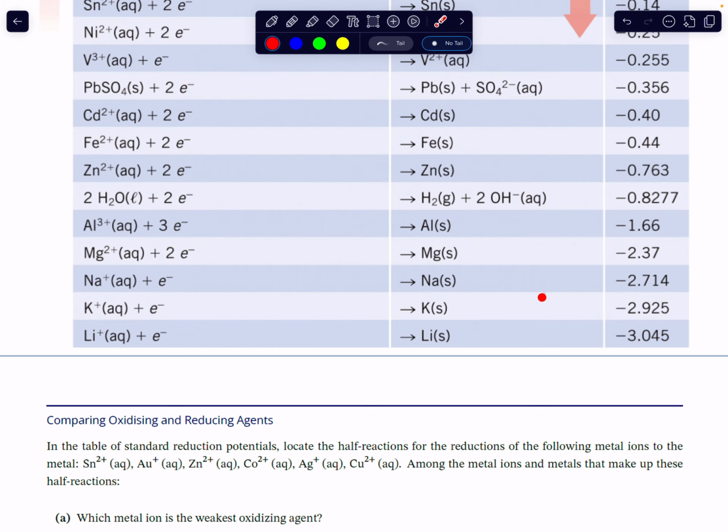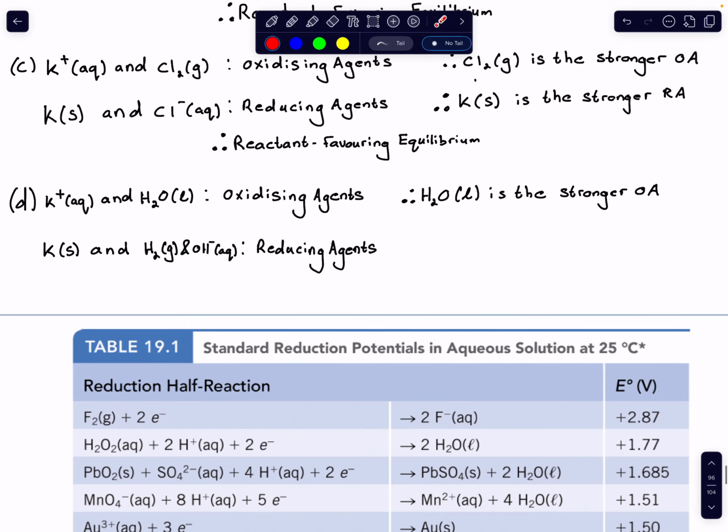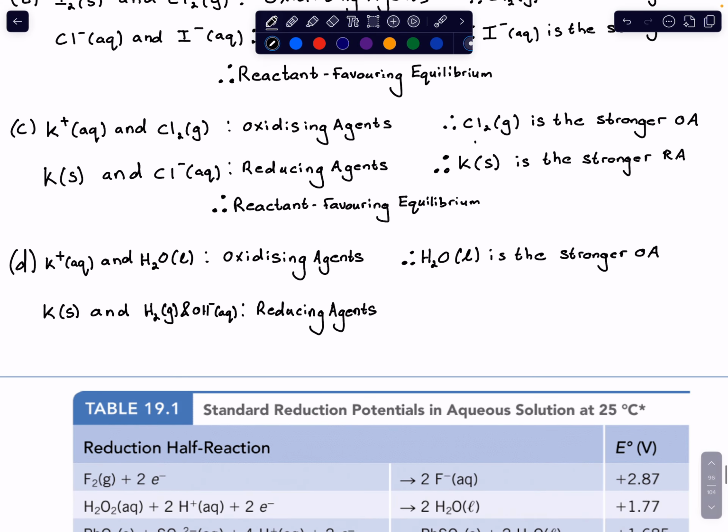So potassium solid is below this, making it the stronger reducing agent, right? Because it wants to be oxidized. So therefore, in this case, comparing those things, potassium solid is the stronger reducing agent, right? Wants to be oxidized.